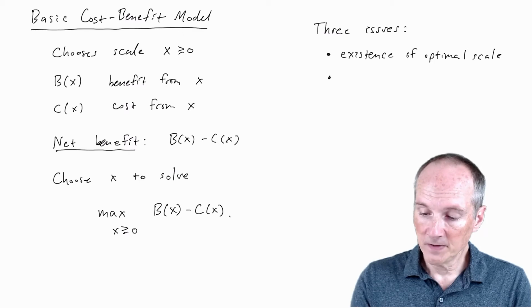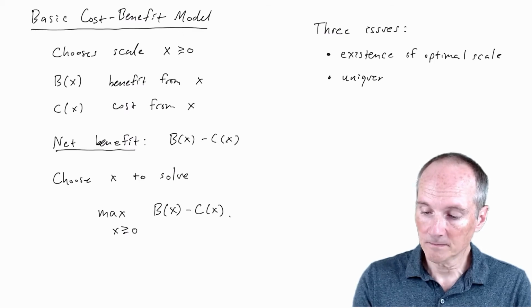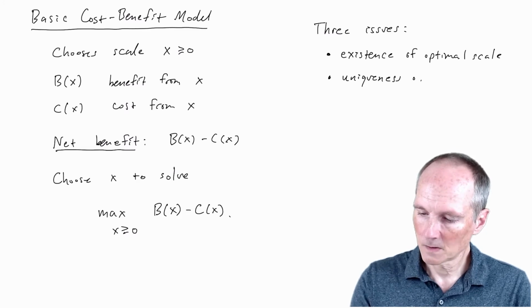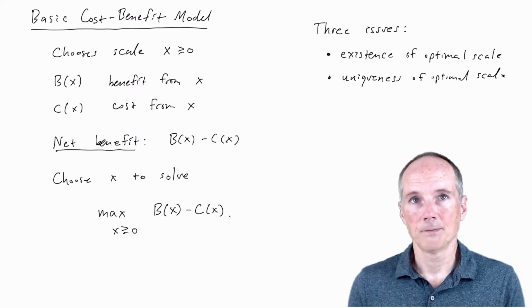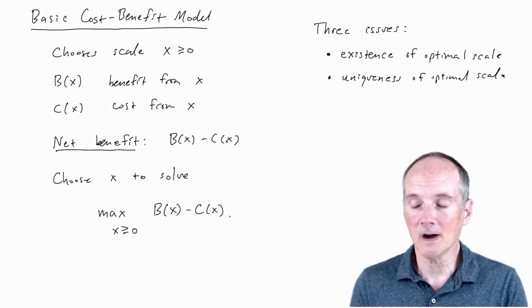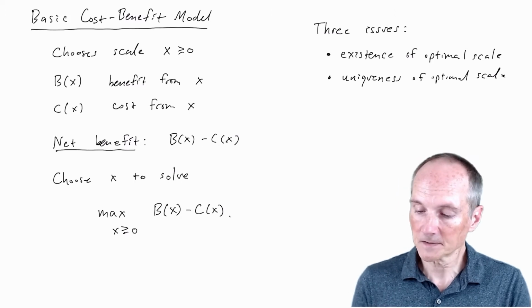There's a question about uniqueness of the optimal scale as well. That is, can there be more than one optimal level of X?